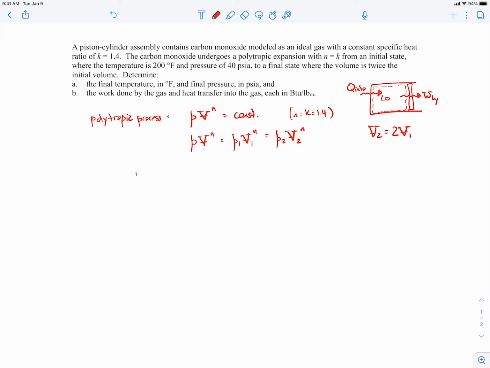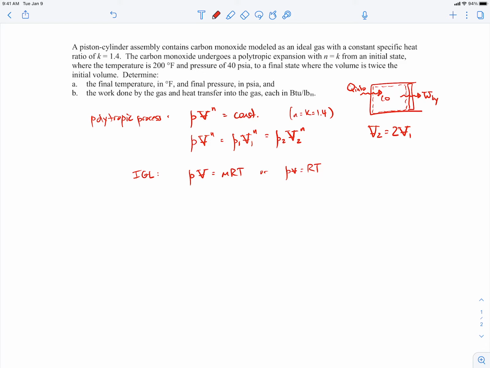So I'll just make use of that ideal gas law to find the initial volume. Okay, so I'll just write PV is equal to mRT. That's just the ideal gas law, or you can also write it in terms of specific volume, just like that. P times specific volume is equal to RT.